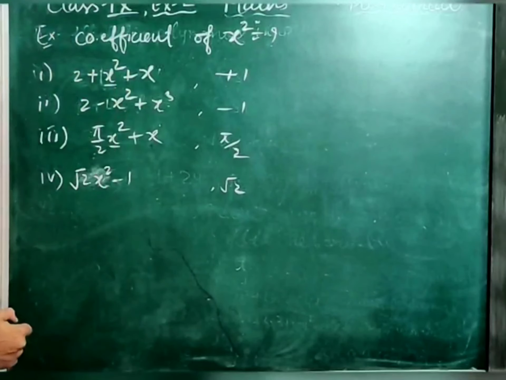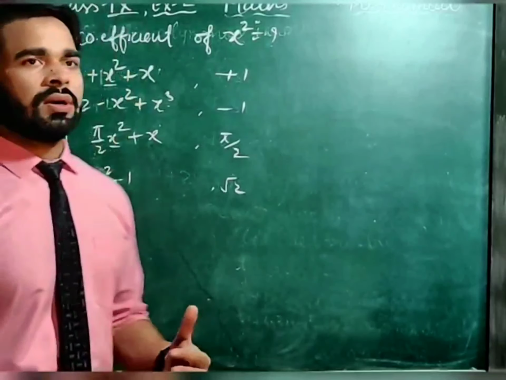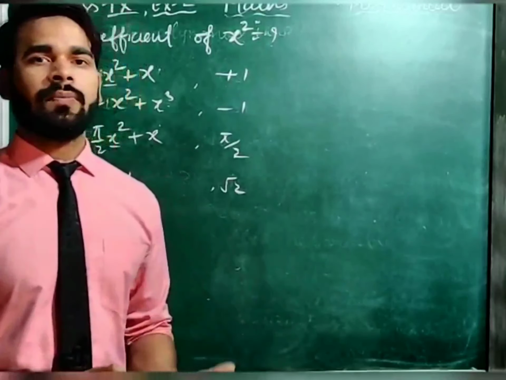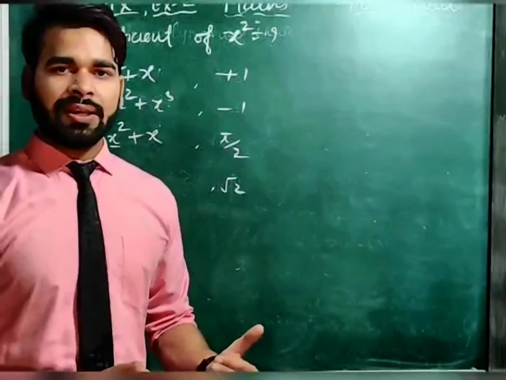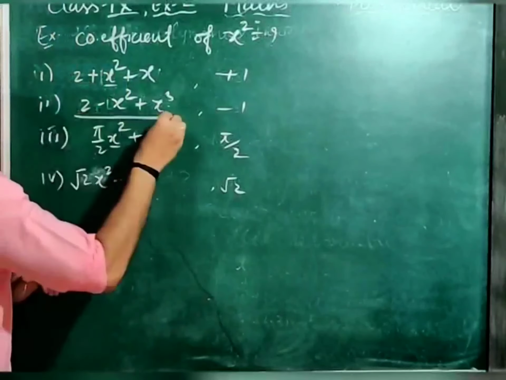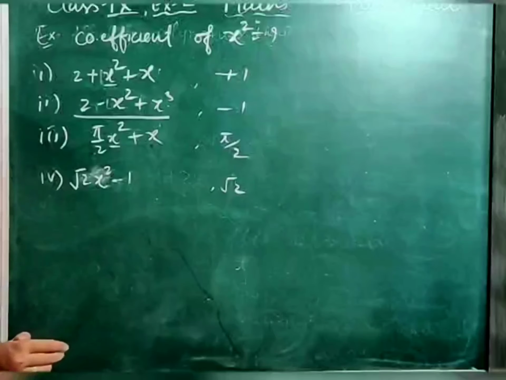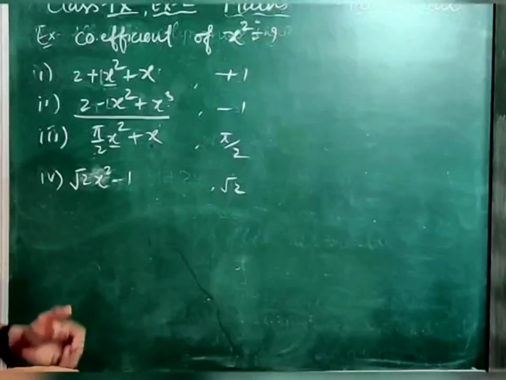One more thing, let me tell you. When you are going to write any polynomial, it should be written in descending order of its degree. Suppose here is a polynomial, and I ask you to write it in descending order of degree.